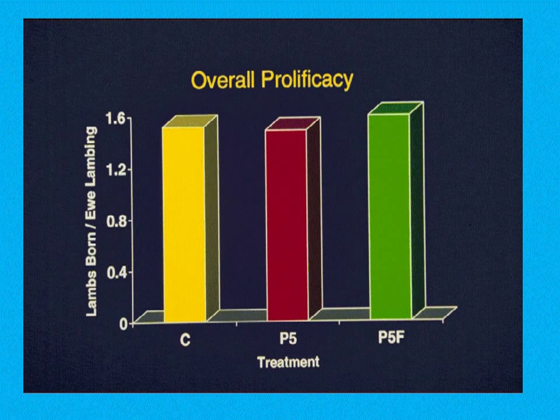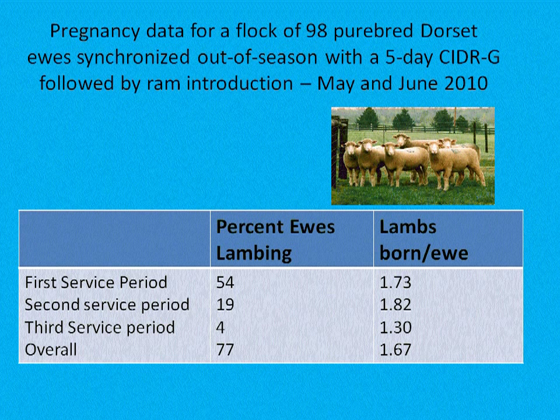Okay, so what kind of results do we get if we take this out to the field and use it in your flock? This is a flock of purebred Dorsets up in Preston County, West Virginia. 98 ewes that were synchronized in May and June of 2010 with 5-day CIDR and ram introduction. First service, we got 54% of the ewes lambing, 1.73 lambs per ewe.